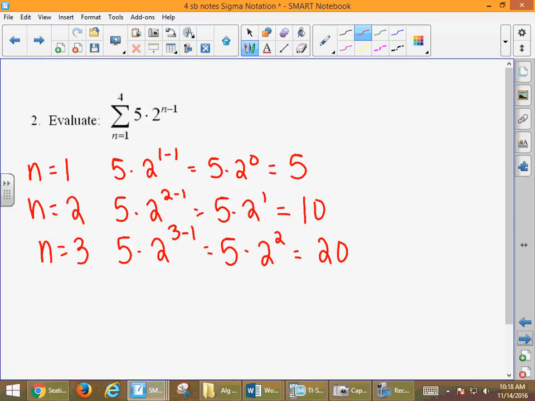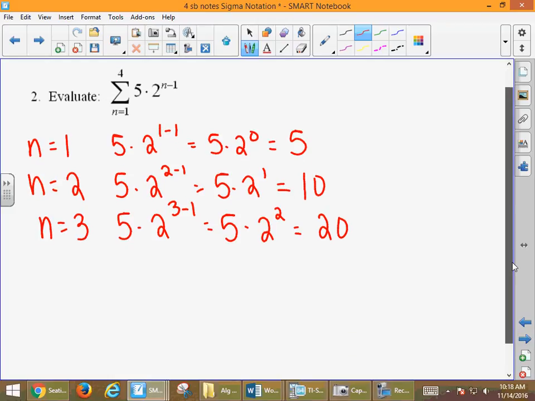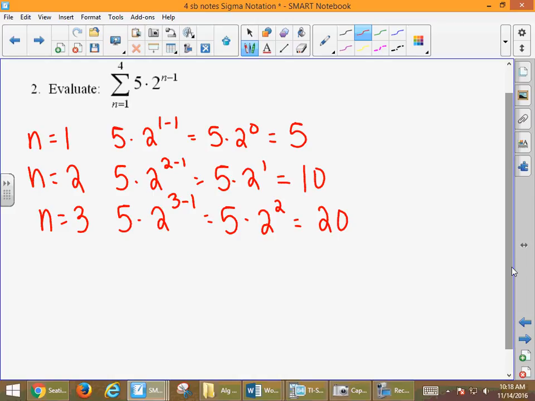And this sigma symbol, again, means to add. We're going to be adding all of these values up once we find our fourth value, which is 5 times 2 to the 4 minus 1, which is 5 times 2 cubed, which is 40.